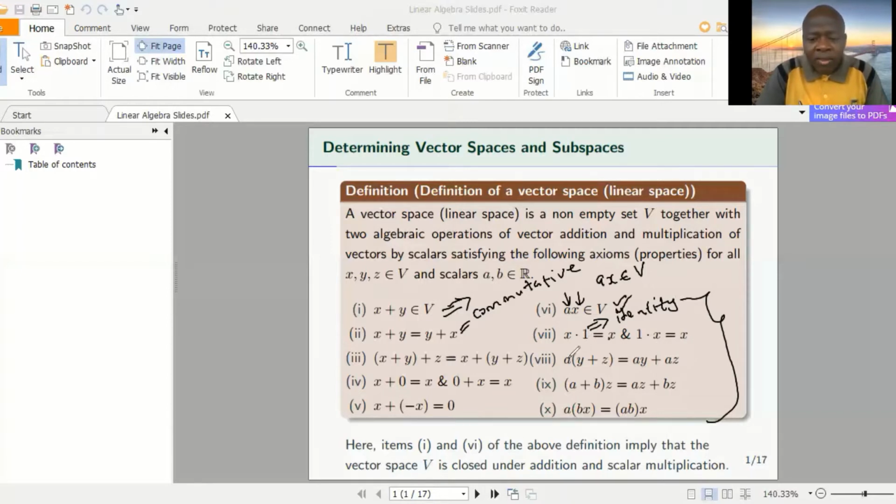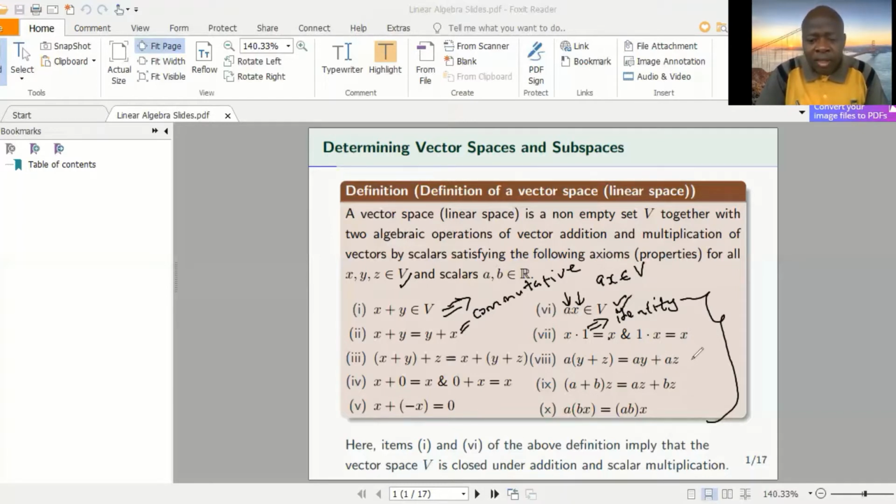And then we have this distributivity property. This is the scalar distributivity. So if a is the scalar multiplied into y plus z, where y and z are elements of the vector space, then when you distribute this scalar inside, you get ay plus az.